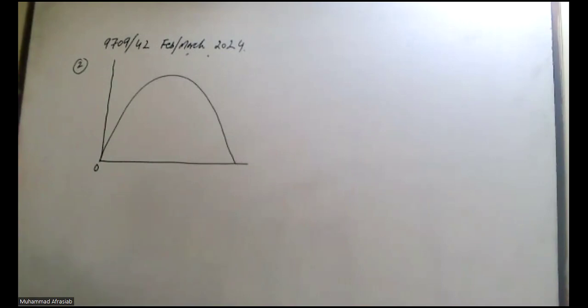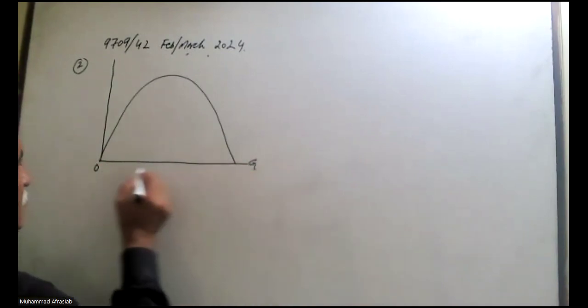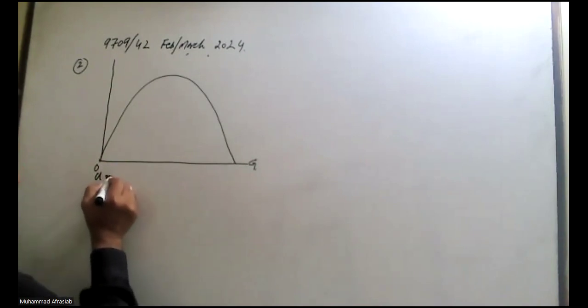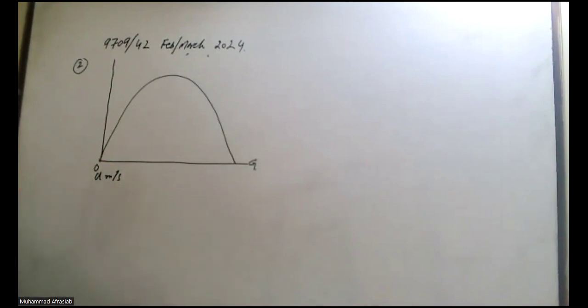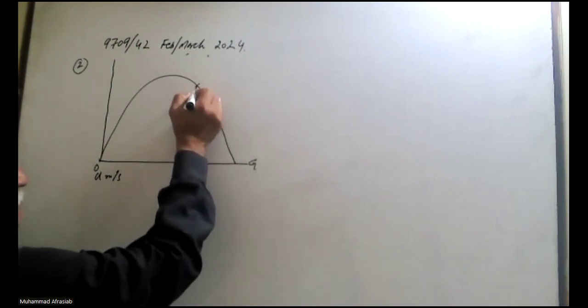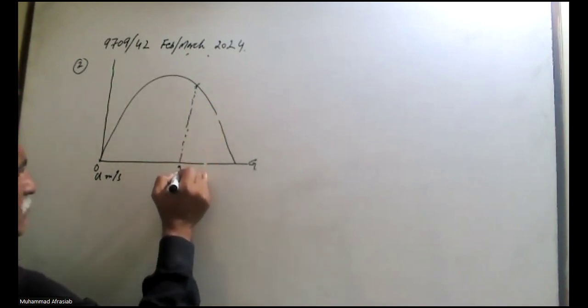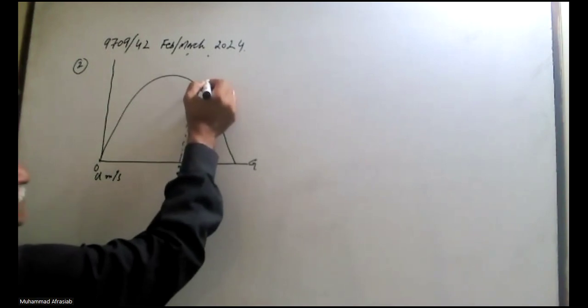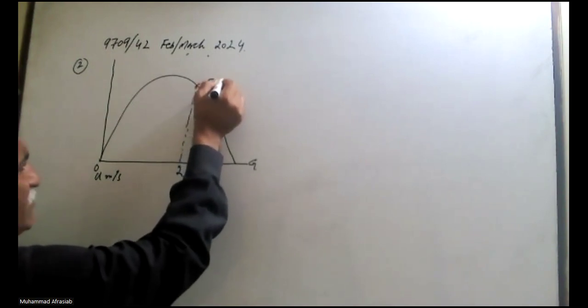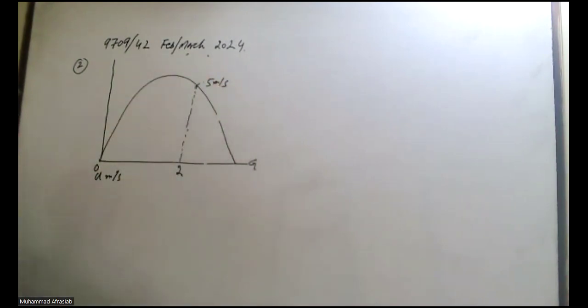So this is a particle which is being projected from the ground level. Its speed is unknown, which is u meters per second, and after 2 seconds its speed is 5 meters per second. We are going to calculate the value of u, which is the initial speed of that particle.